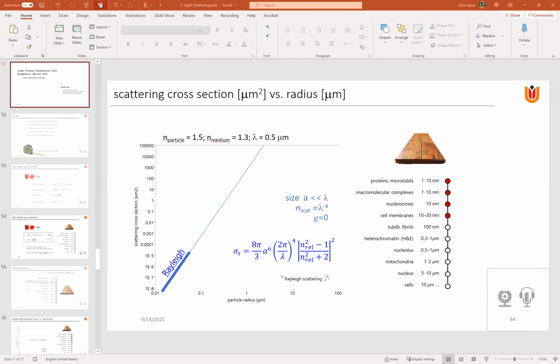So if we use this formalism to calculate, I see that the wavelength was 500 nanometers here. If we use this formalism and calculate, for example, for a particle refractive index of 1.5, a medium refractive index of 1.3, do you have any idea, by the way, what refractive indexes for tissue-like materials are, or other materials?